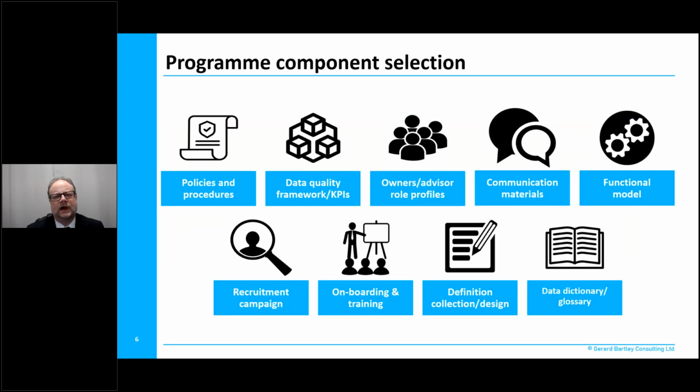One of the biggest impacts on cost and delivery is the number of components in your program and their complexity. So these are the main elements of a program, and I'll spin through them very, very quickly in turn. Policies and procedures are always included somewhere, but it's really easy to spend a lot of time on them for not a lot of benefit.